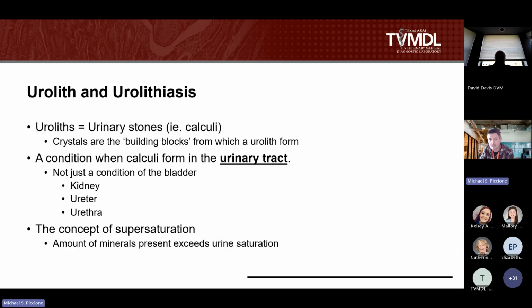So the likelihood of a patient developing a urolith is dependent not only on the amount of minerals present, but also on the volume in which they're dissolved. When that urine becomes supersaturated with a particular mineral, whatever that may be, that's when you're going to start to have problems. I feel that concept is really fundamental, not only from a treatment standpoint, but also from a prevention of disease standpoint. So please keep that in mind.